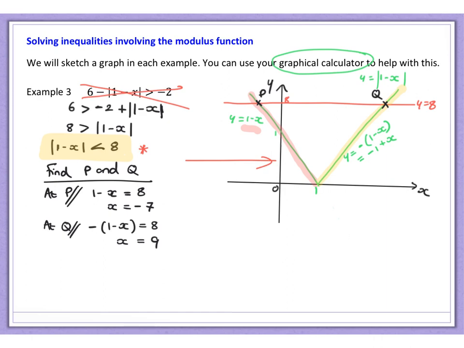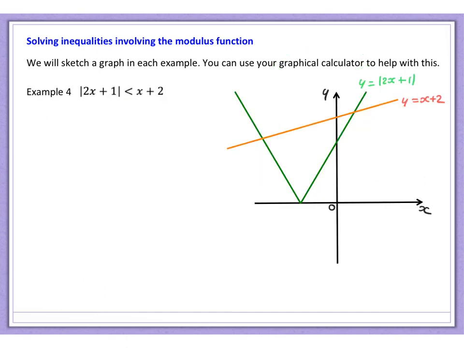So we want to be less than 8 according to this, which means we're looking for the x values between -7 and 9, because they give us this region here. So our solution set is x is less than, there's no equality here, less than 9 and greater than -7.